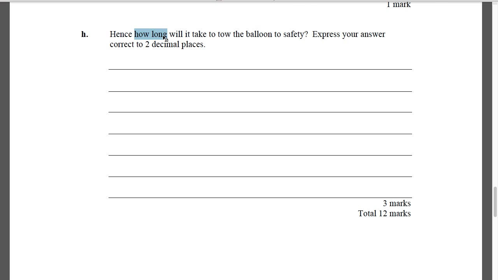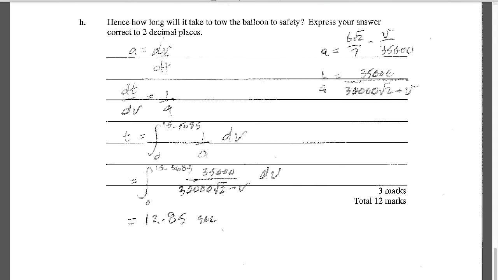So what we need to do with this question is to give acceleration as dv/dt, and because we know what acceleration is in terms of v, we can substitute that in, flip our derivative and take the integral of both sides to get an integral with v in it and dv, and put in that value of v that we found in the previous question, and then we get how long it takes to tow for 100 meters.